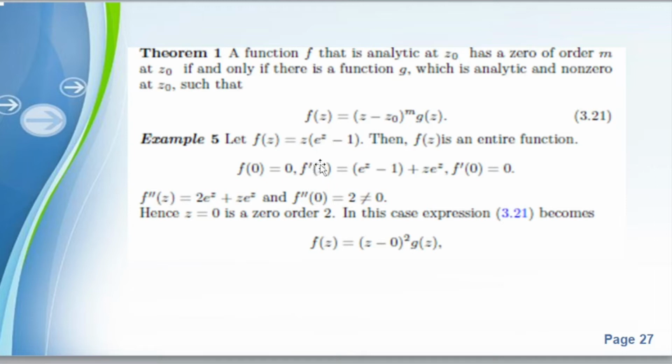Then f(z) is an entire function and you can see that f(0) is 0 and f dash of 0 is 0, so the derivative also becomes 0. Therefore, we can say that f double dash of z is not equal to 0 when z is equal to 0. So z equal to 0 is a zero of order 2.